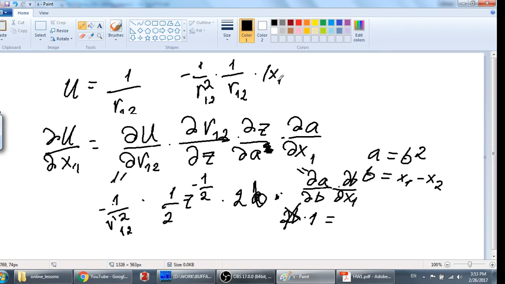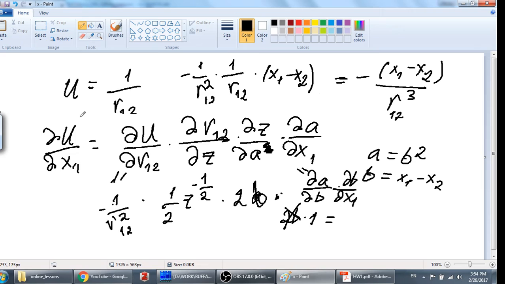So the 2 and 1/2 cancel out, and eventually we get minus (x1 minus x2) divided by r12 cubed.